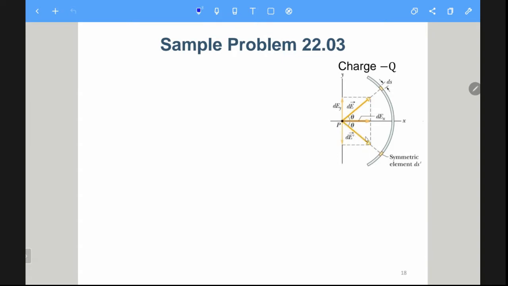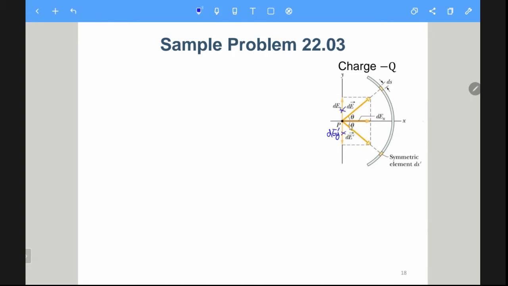Okay, so if we decompose these two vectors and project them on the x-axis and y-axis, we know that dEx will add together, and dEy and dEy prime, maybe I can say this is dEy prime, should also have the same magnitude, but they point in opposite directions, so they cancel out.